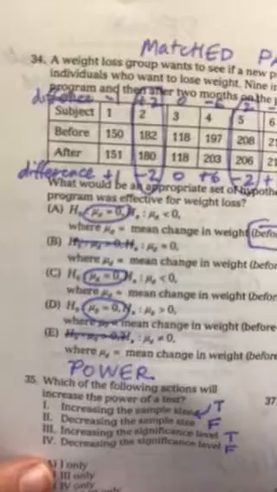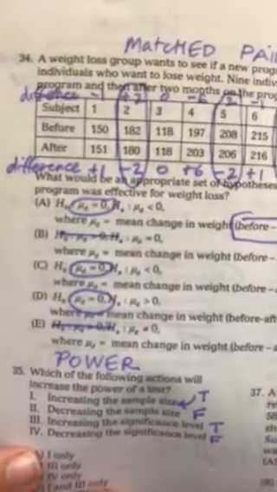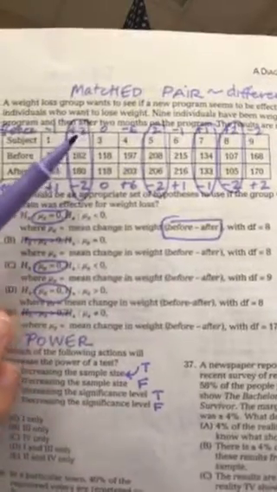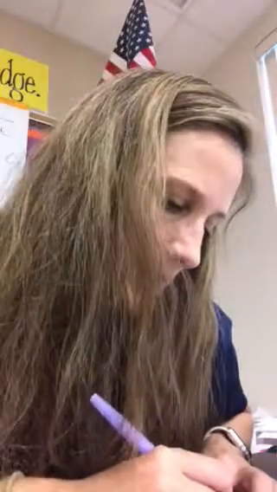So the only ones that H sub O assume they don't work is A, C, and D. Now working with those, again, my hunch is that my diet pill works, which means I think that they're going to lose weight. And that would result in a positive number if I took before minus after. So the one that's a positive is definitely D. Mu D is positive, so I like that one.